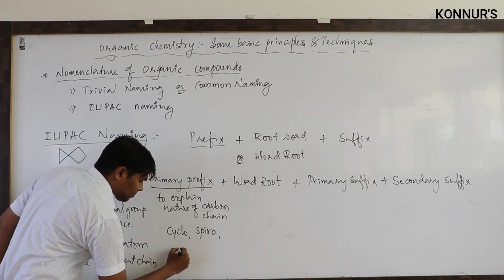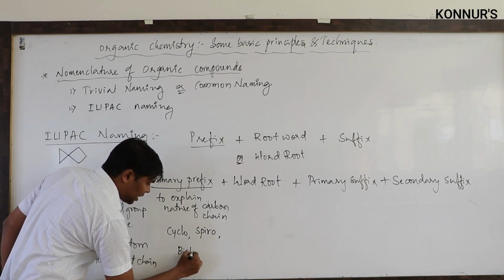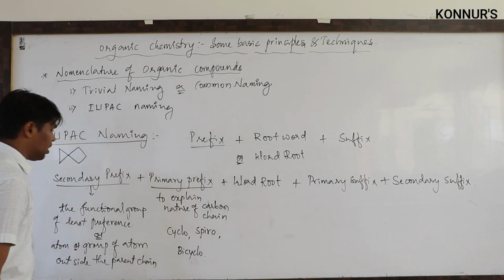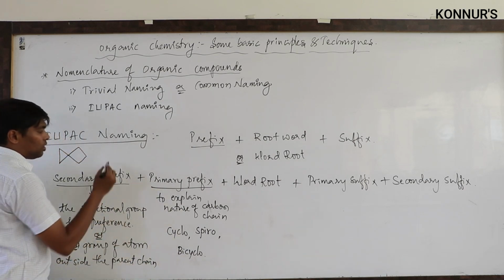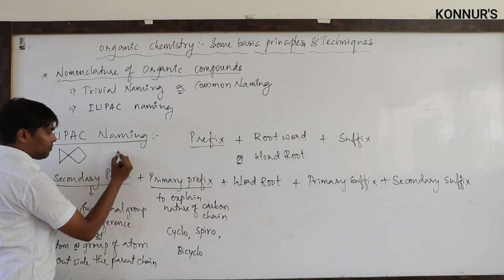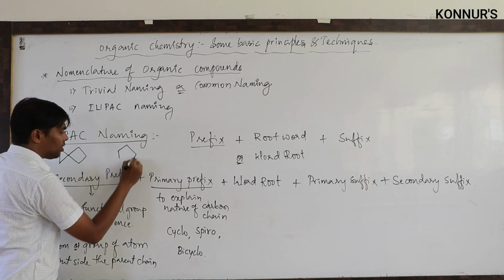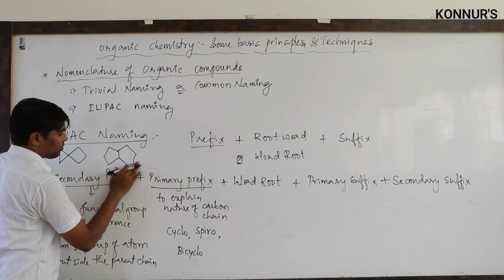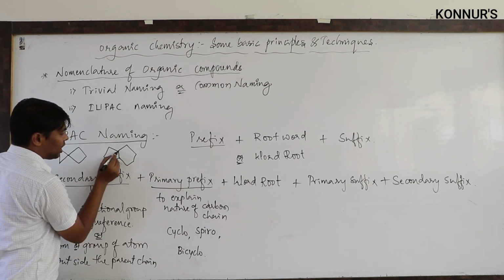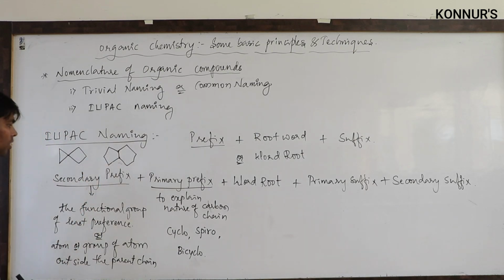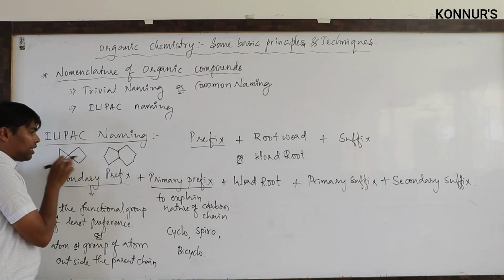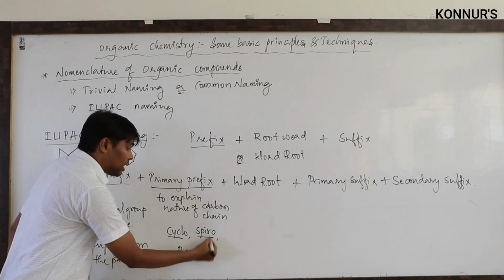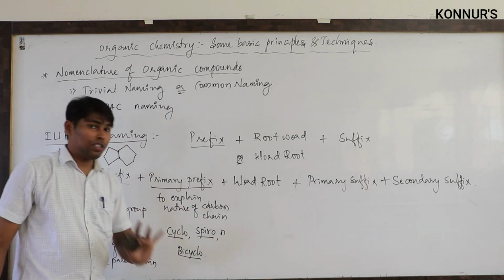And sometimes bicyclo is also used. Bicyclo is only used when two carbons are shared between two rings. Here two carbons are shared between these two rings. Here a single carbon is shared, here two carbons are shared. So cyclo, spiro, bicyclo, and even sometimes n is used. n stands for a straight chain.